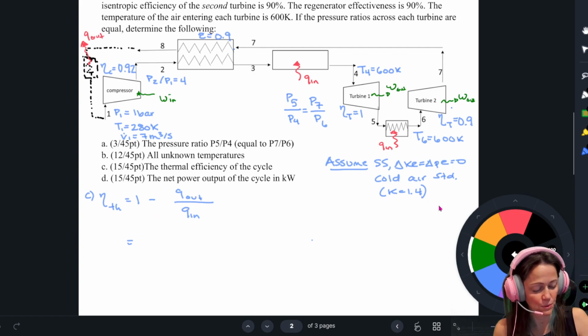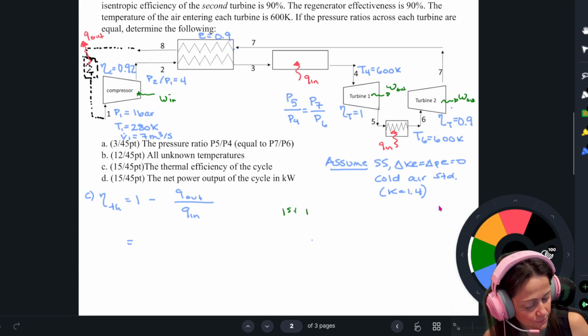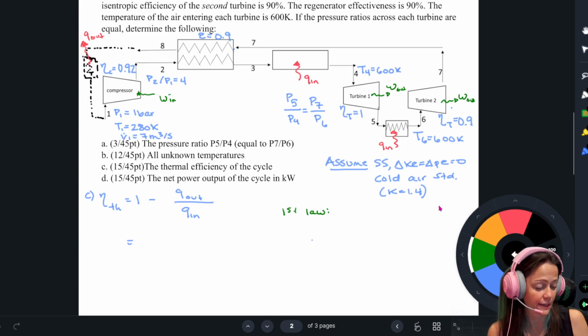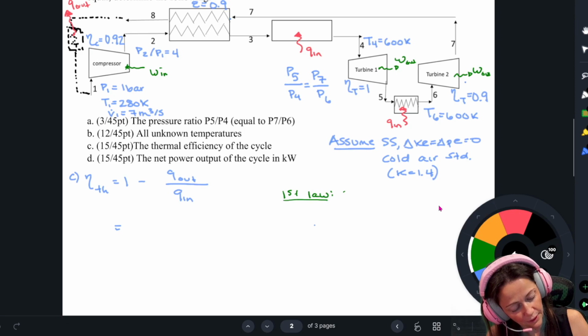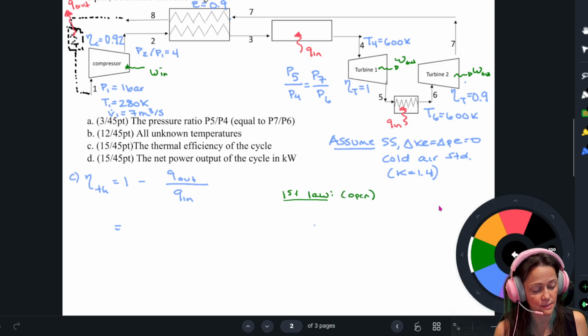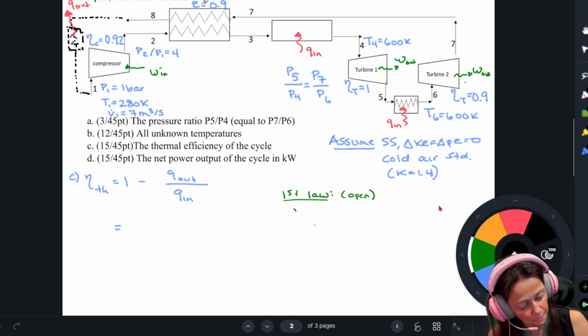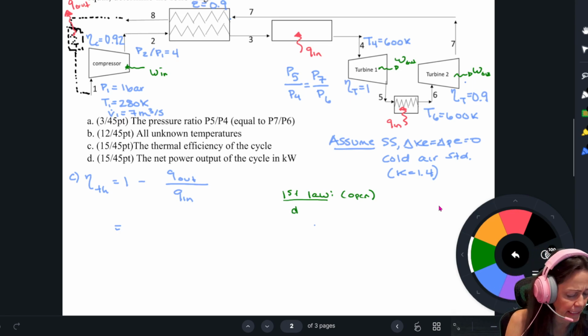So your first law, let's look at it. For an open system, and that's what each of these devices are going to be modeled as, dE/dt equals Q dot minus W dot.